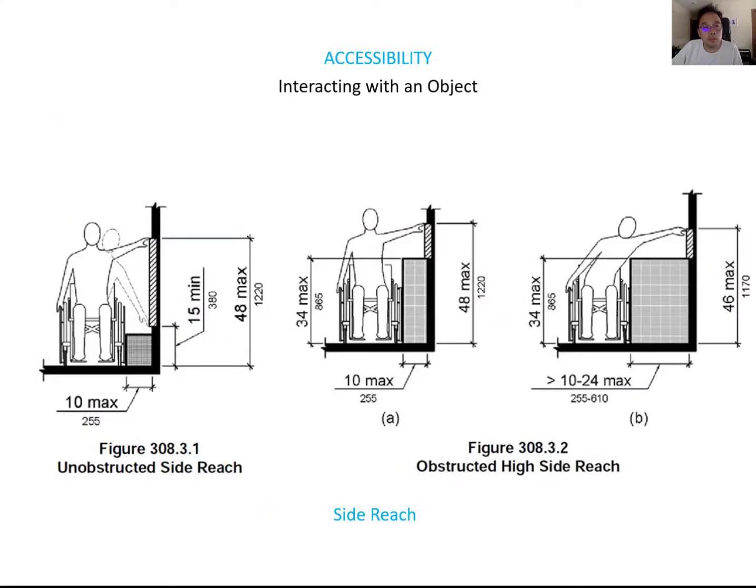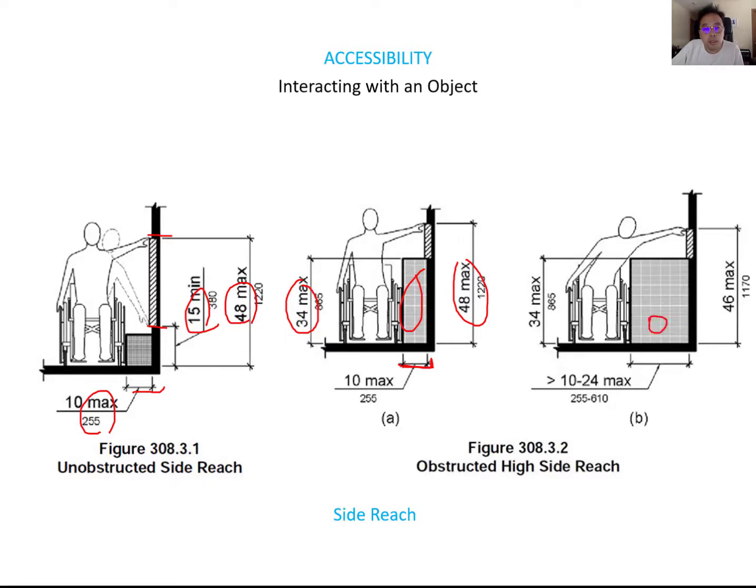What about the side approach? It is similar. When you have a side approach, the obstruction has to be less than 10 inches. If it is less than 10 inches, your approach dimension is between 15 and 48 inches. If you have a 10 inch maximum and the bottom object can be made 34 inches maximum, in this case you can also have up to the 48 inch maximum reaching area.